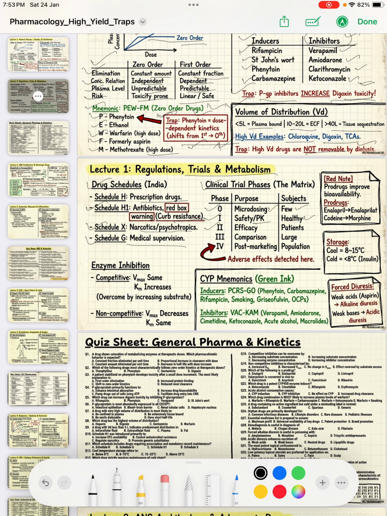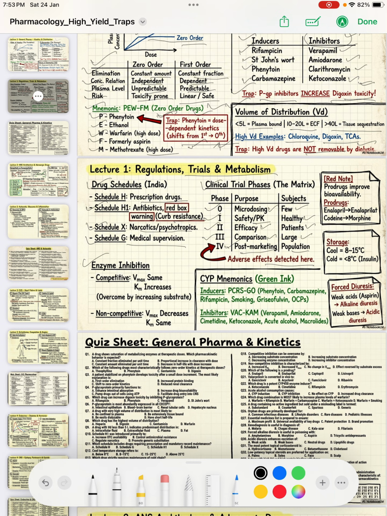In phase 2, the purpose is efficacy and subjects are patients. In phase 3, we do the comparison and subjects are large. Fourth is the post marketing phase, where subjects are the population, and adverse effects are detected in post marketing, that is phase 4.